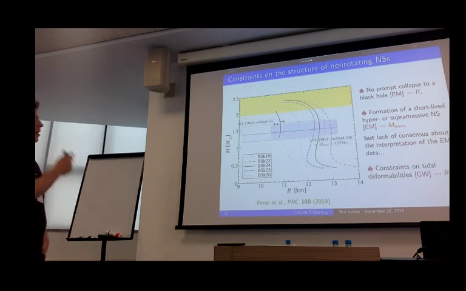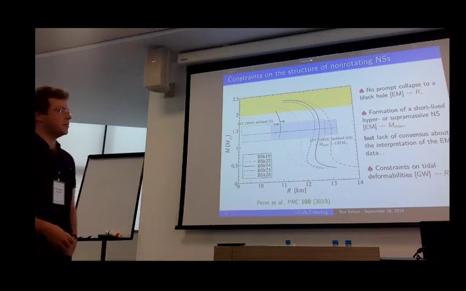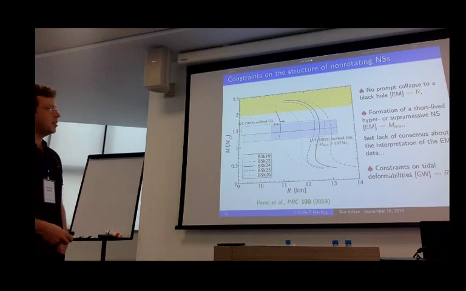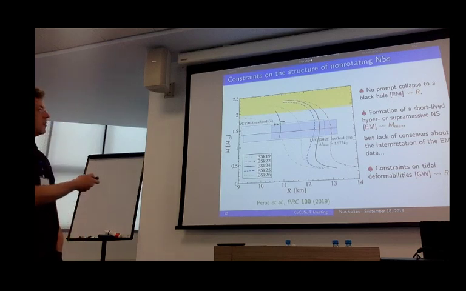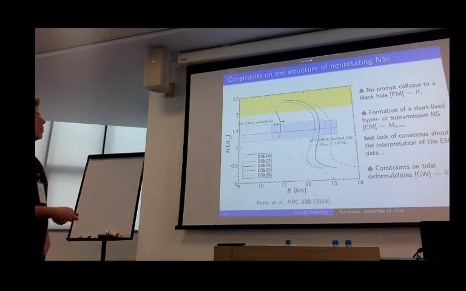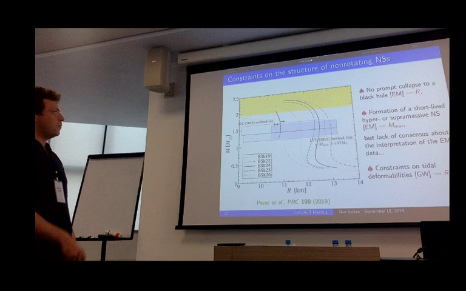Then the constraint on the tidal deformability, coming only from the gravitational wave signal, was also reinterpreted as a constraint on the radius by the LIGO-Virgo collaboration using two of the methods I previously mentioned.